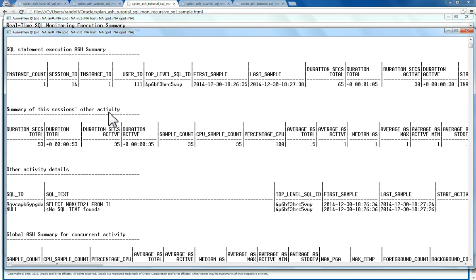If some other activity is found in the active session history samples, it gives you the summary here and then these details, ordered by the most relevant SQL IDs first.